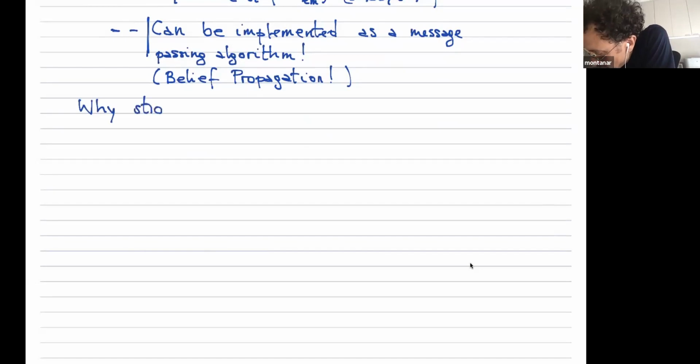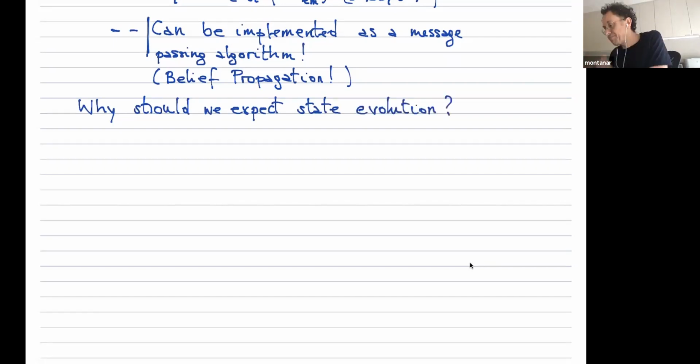So why should we expect anything like state evolution to hold?